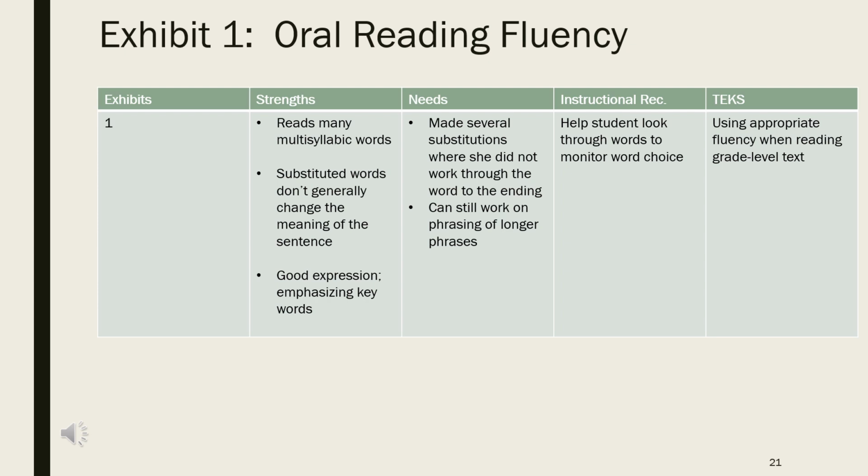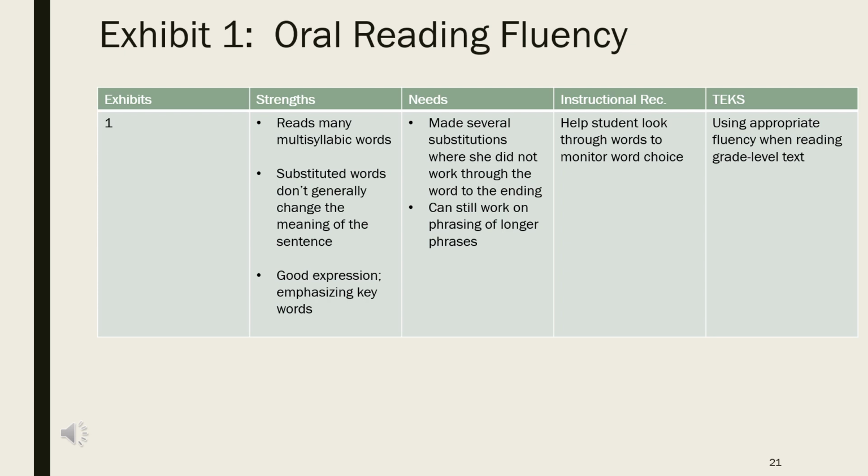Now, as far as needs, Alyssa made several substitutions where she did not work through the word to the ending, so she didn't go back and reread it or work through the entire word. She kind of looked at the word and then moved on. And with Alyssa, I think we can still work on phrasing of longer phrases.